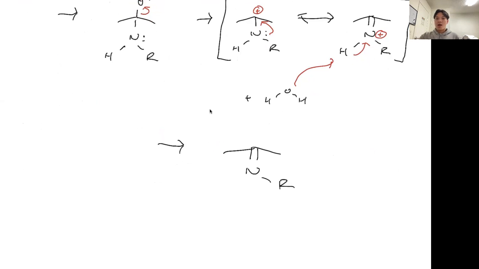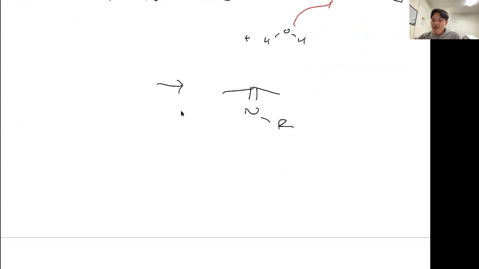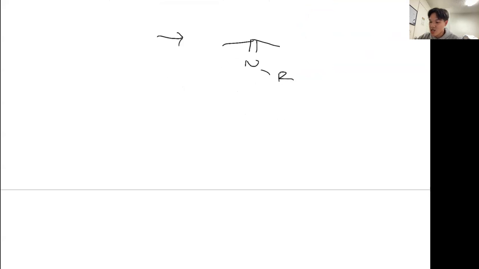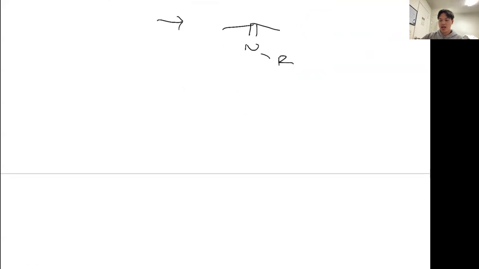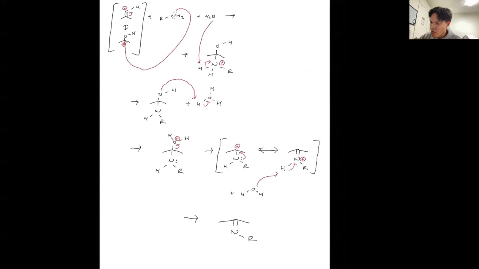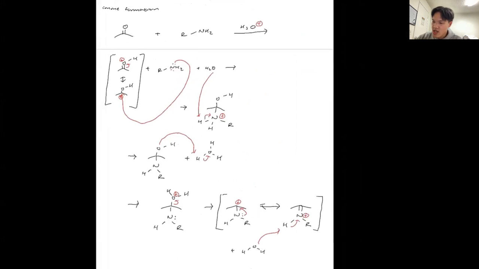Okay? Yes, that is very, very long, but there is a trick to this. And the trick comes in realizing that what we're actually doing is we're just switching this oxygen for the nitrogen in the R group, right?